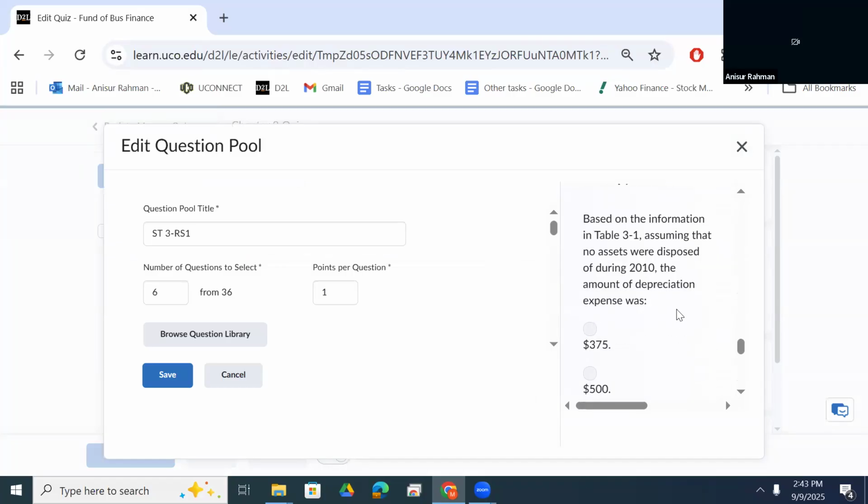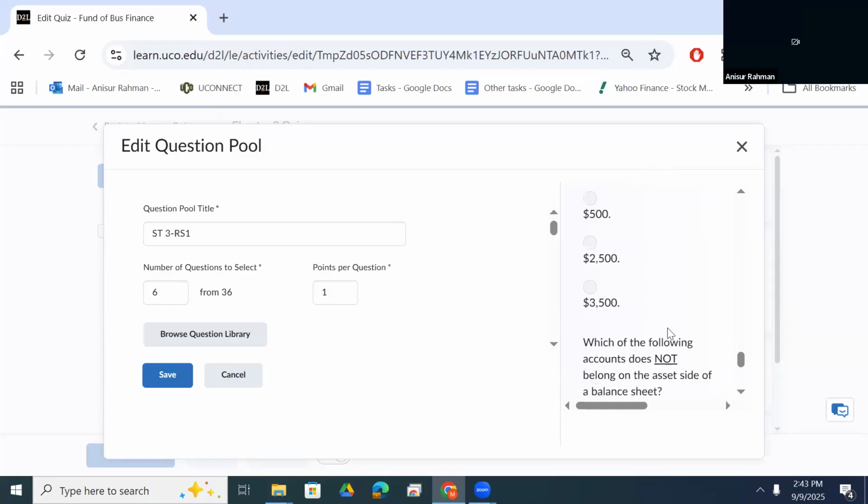So this is a math problem question. So it says, based on the information in table 3.1, assuming that no assets were disposed of during 2010, the amount of depreciation expense was, right? It is asking you to calculate depreciation expense.